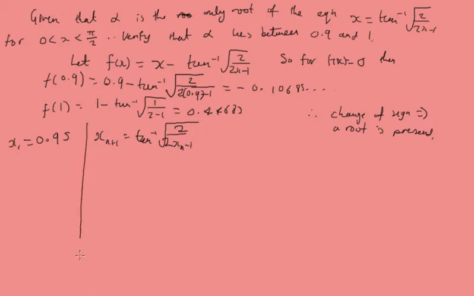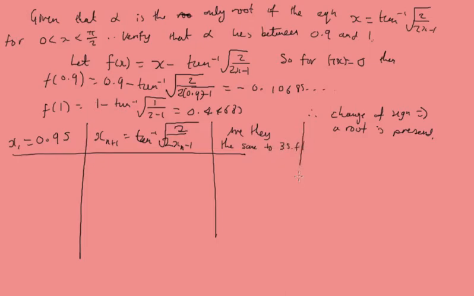And then we are going to say, are they the same to 3 significant figures? So this is our x1, our x2 would be slotting 0.95 into here, working all that out, we'll get, I'm not going to write all that working, 0.97992. They are not correct to 3 significant figures, so the answer is no.